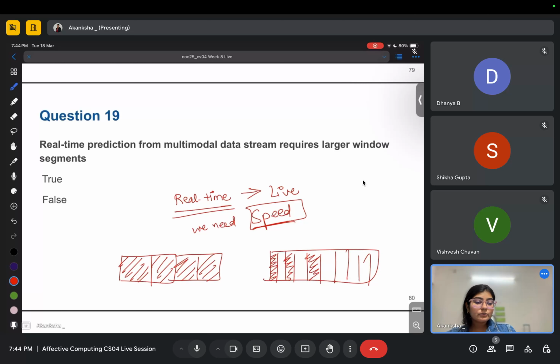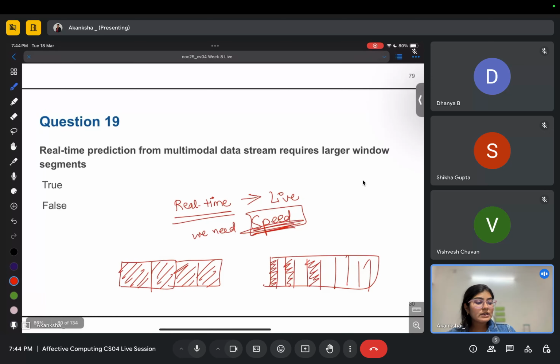We expect more speed. Do you think these large windows can be processed in that time? No, because smaller windows require less computational power. Less computational power means higher speed, less data to process means more speed.